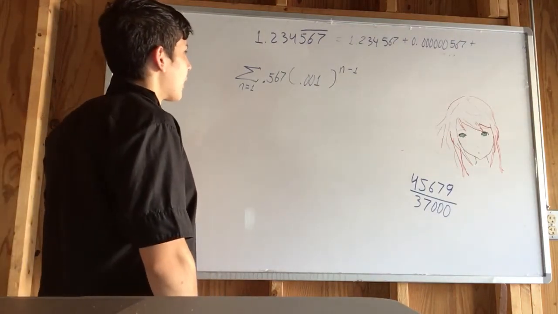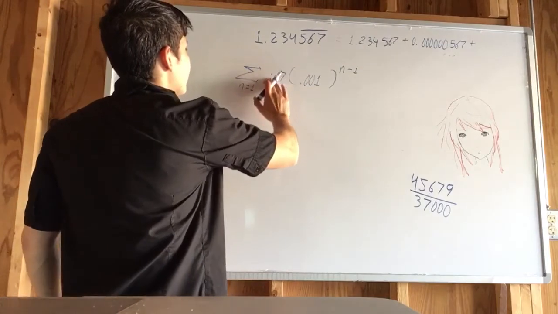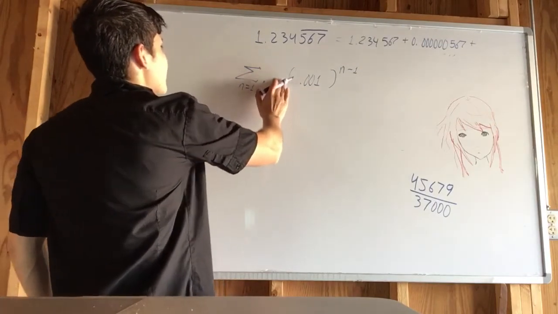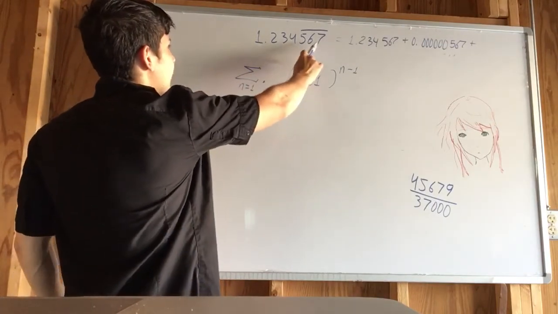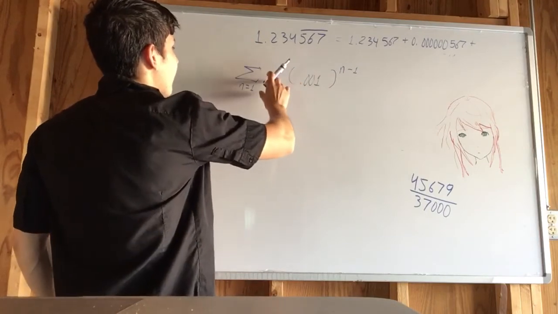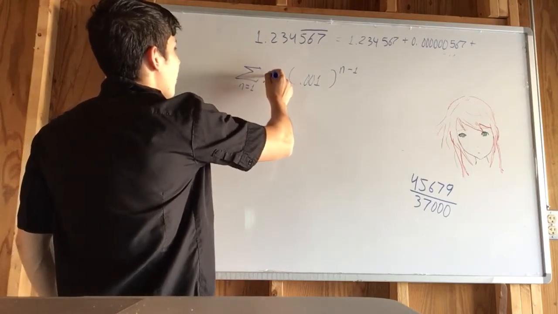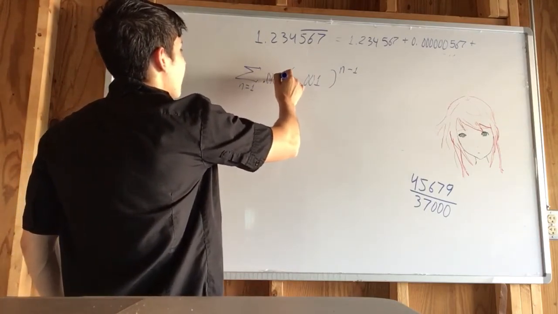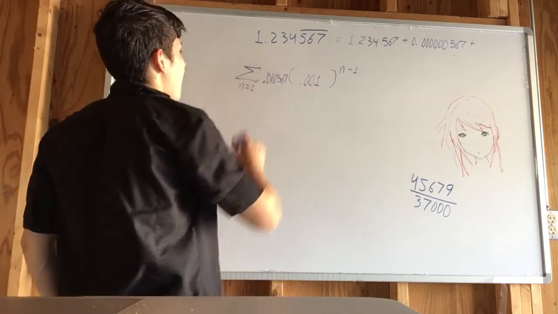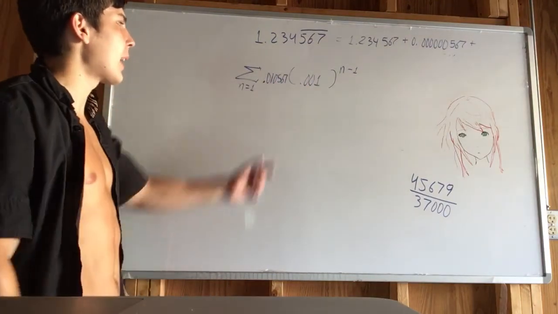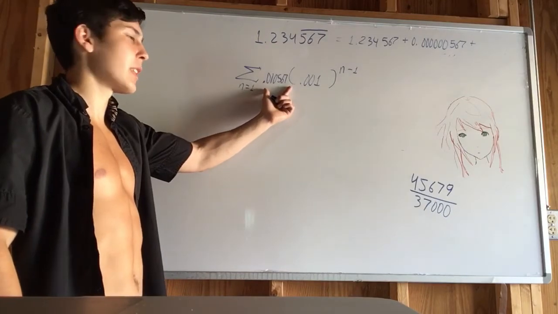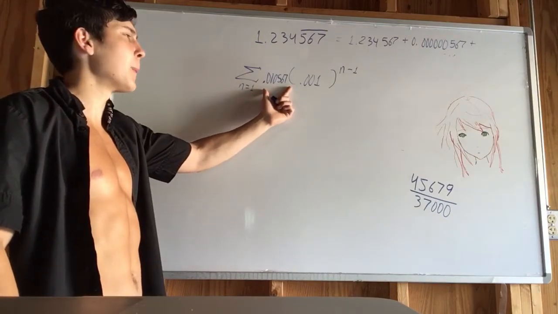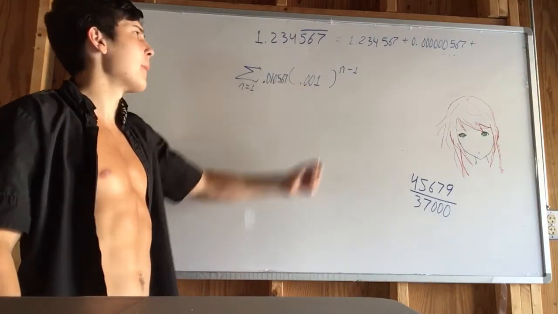Actually, no, that's wrong, because this is not our first value. It would be 0.000567. That would be what we want to be our first value if this goes to 1.